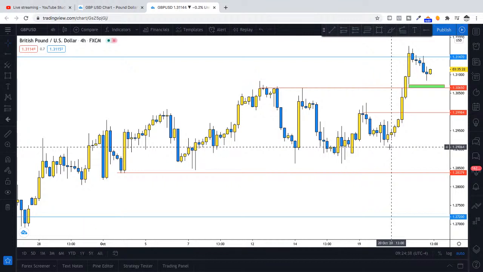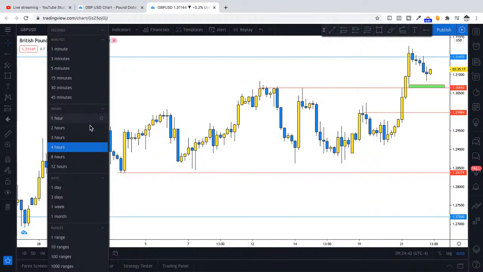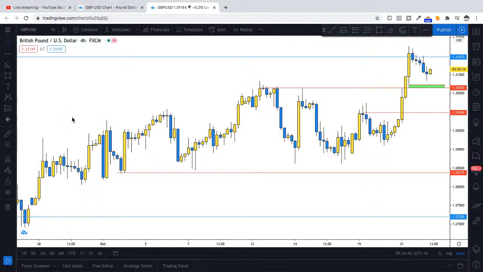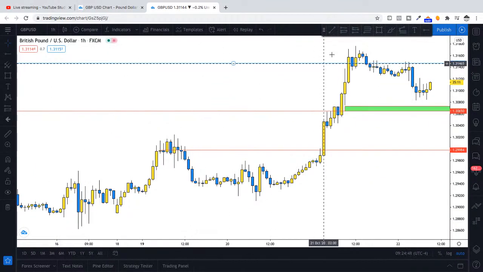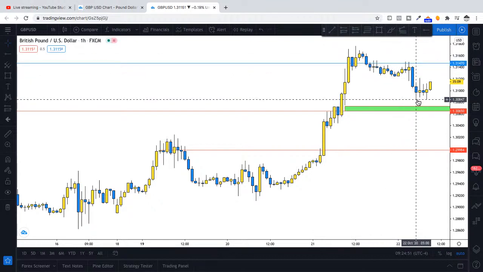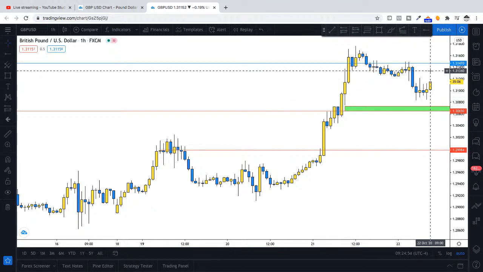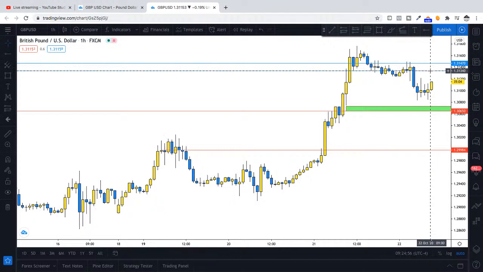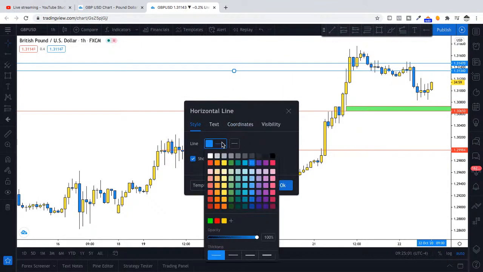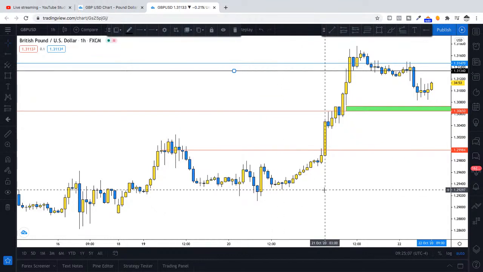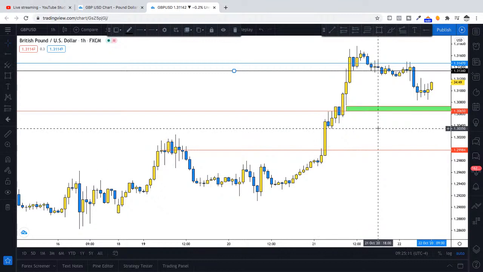Four-hour chart. Let's see what's happening on the 15. Let's check the hourly. All right.